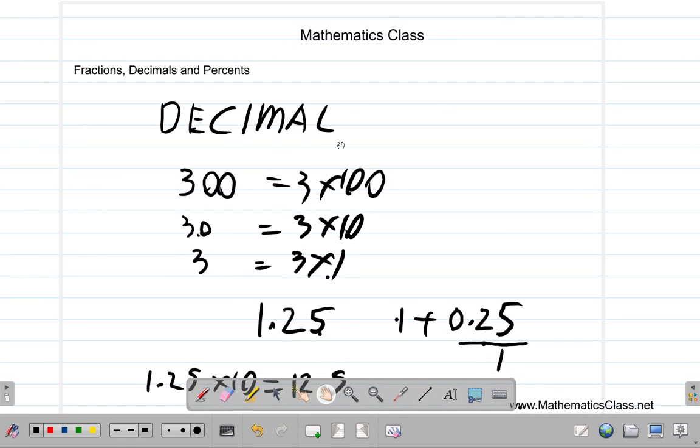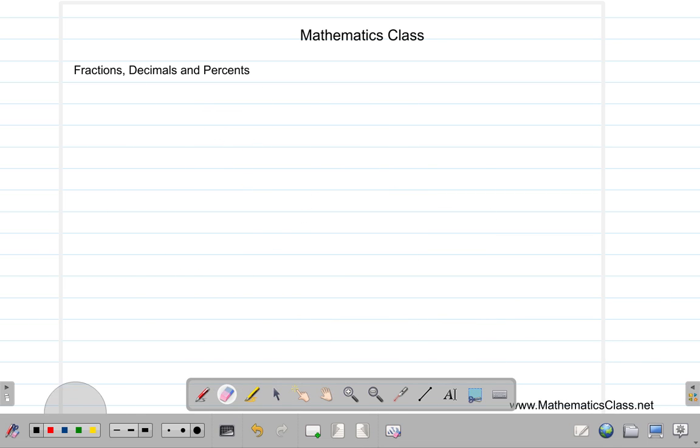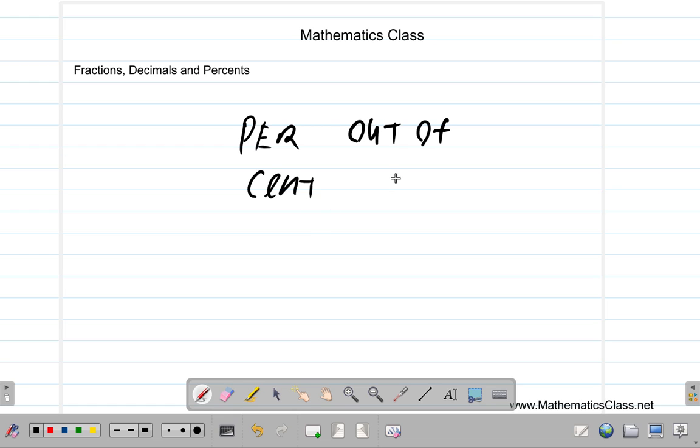Now, what is this thing called percent? You see, the word per means out of. You see that? So, cent comes from a Latin word from the olden days, centrum, and the meaning of that was 100.